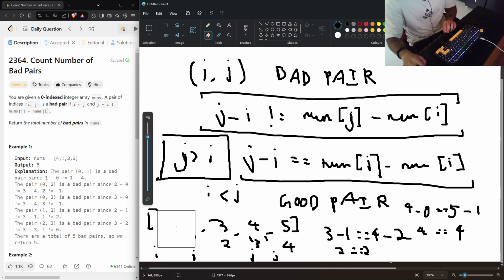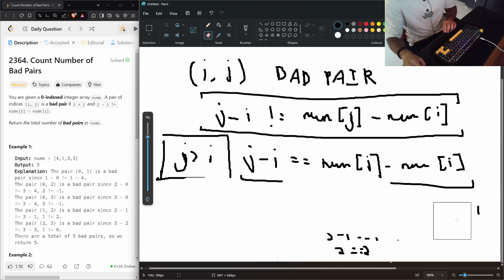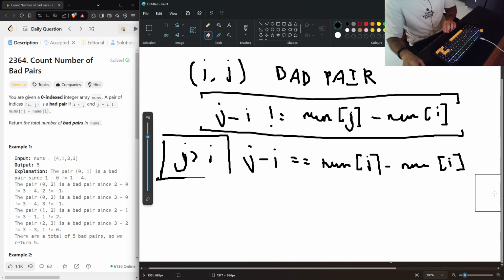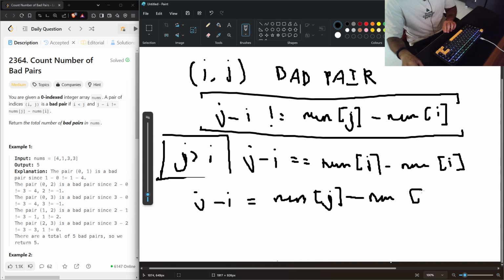Let's now do a deep dive on this equation and see if we can modify it further. So far what we have is j minus i should be equal to nums j minus nums i. This is the condition of a good pair. Using simple algebra, let me transfer nums j to this side and also transfer this i to this side.